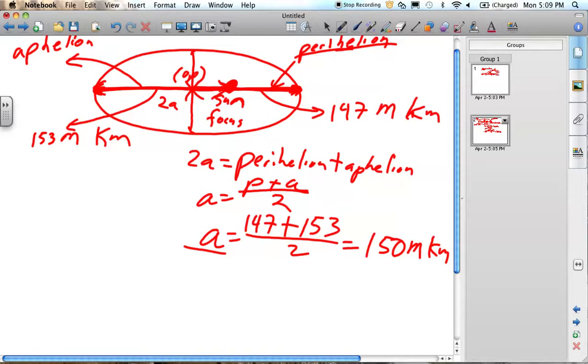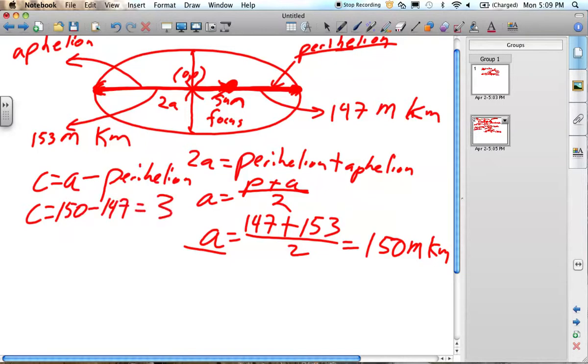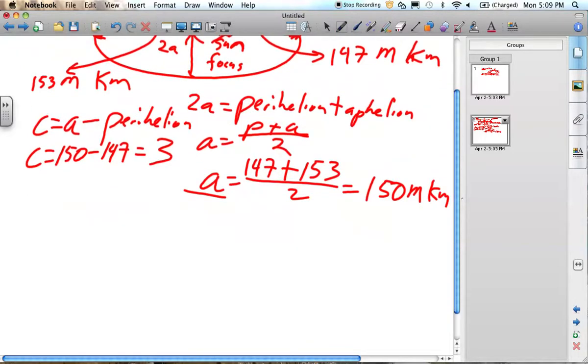We know the distance from the Sun out. So C is the distance from the center to here. C equals A minus our perihelion distance, or C equals 150 minus 147, which is 3. All right, we can get B from this.